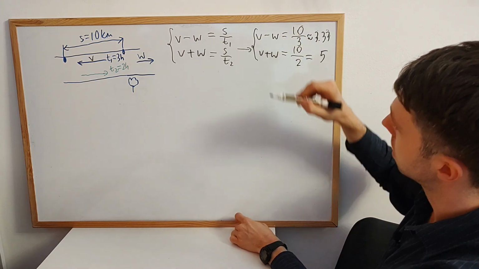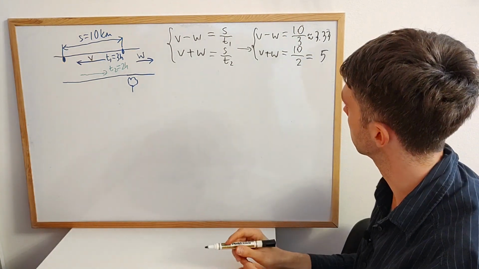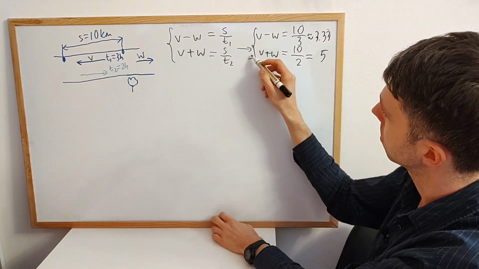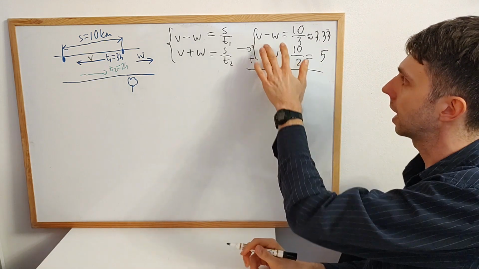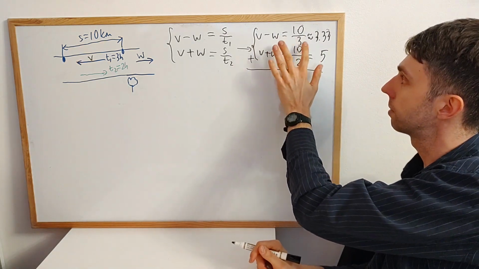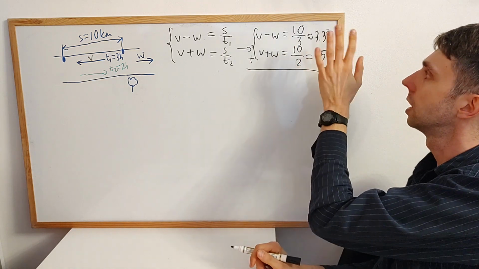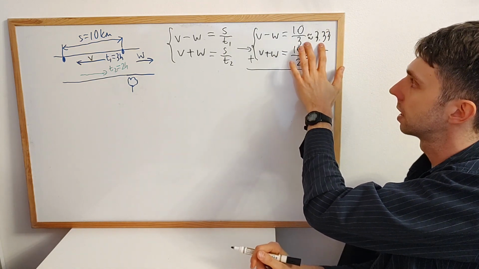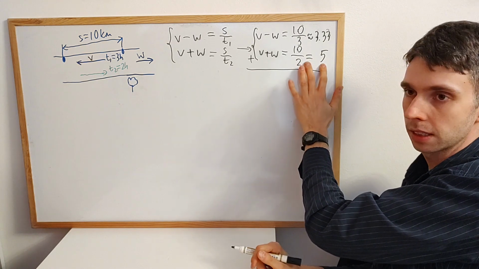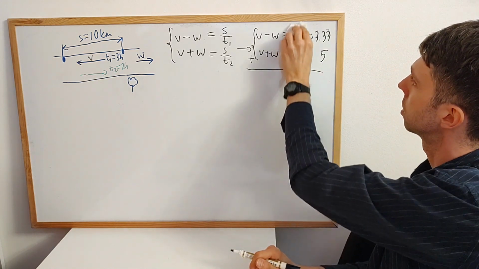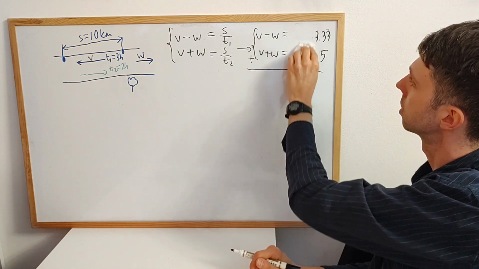Okay, so this is our system of equations, and it's convenient to add them, which means I add the left hand side of the first equation to the left hand side of the second equation, and the right hand side of the first equation with the right hand side of the second equation. This I don't need anymore.